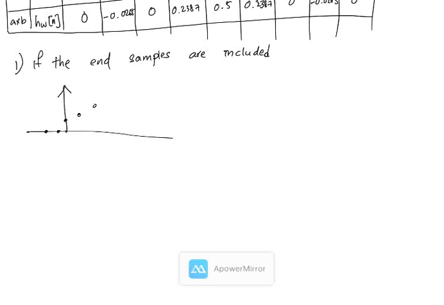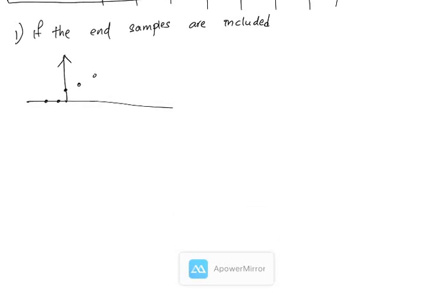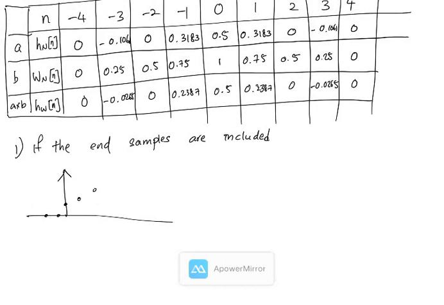What if the nth sample is included? A causal filter requires a delay of 4 samples, because a causal system starts at 0, so we require a delay of how many samples? 1, 2, 3, 4.